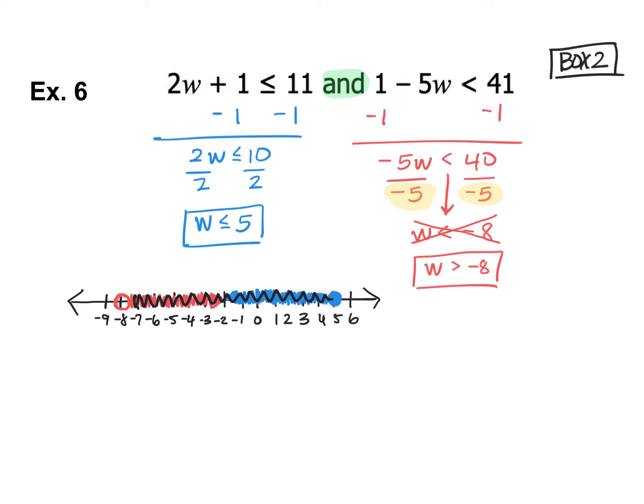So let's go ahead and write our answer in set notation, which we have the set of w values, where negative 8 is less than w and is less than or equal to positive 5.